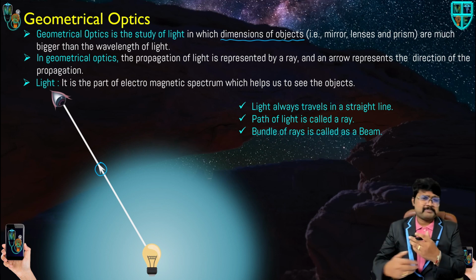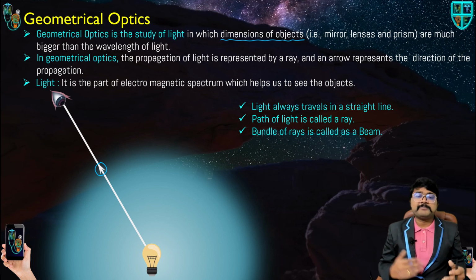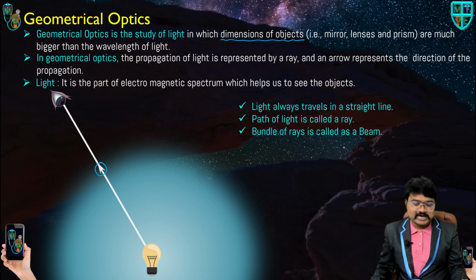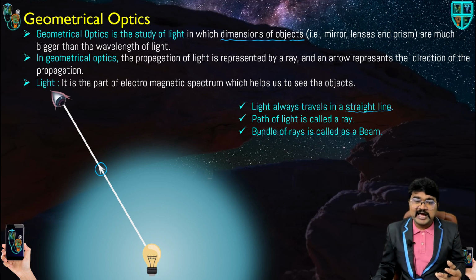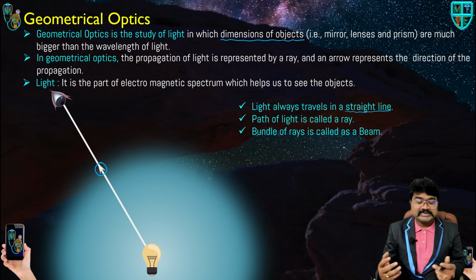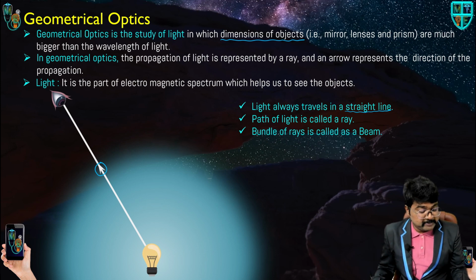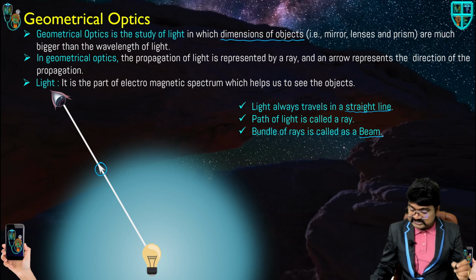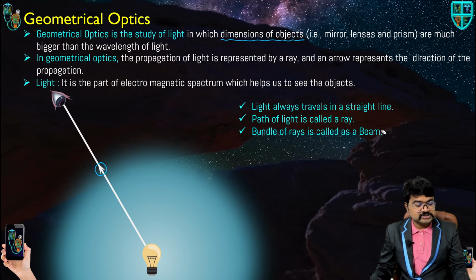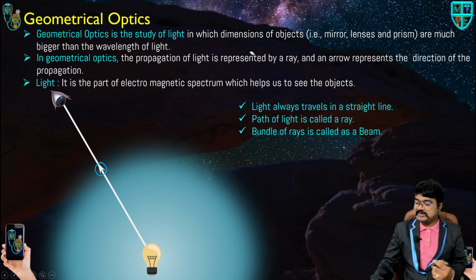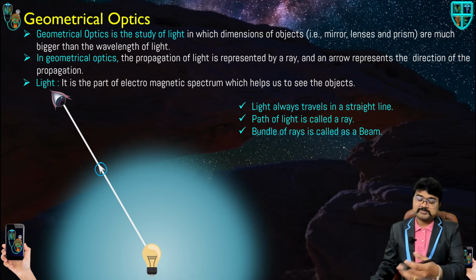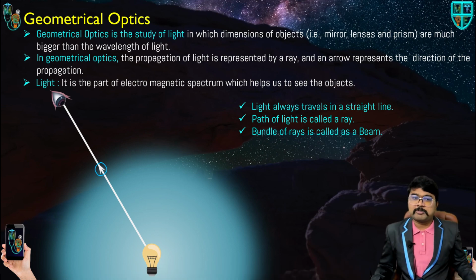And light is a part of the electromagnetic spectrum which helps us to see the objects. Understood now? So it always travels in a straight line and the path of light is called a ray. A bundle of rays is called a beam. These are some fundamental definitions of this introduction to geometrical optics.